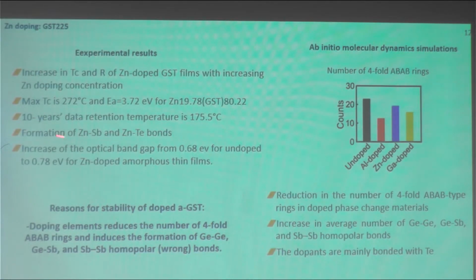XPS shows the formation of zinc antimony and zinc tellurium bonds, explaining the high thermal stability of the amorphous phase. And also some optical measurements showed an increase of band gap for zinc-doped amorphous thin films. It's an increase of like 0.1 eV.